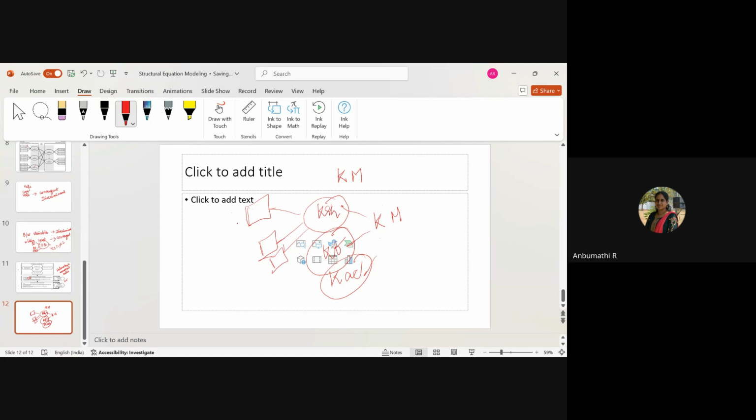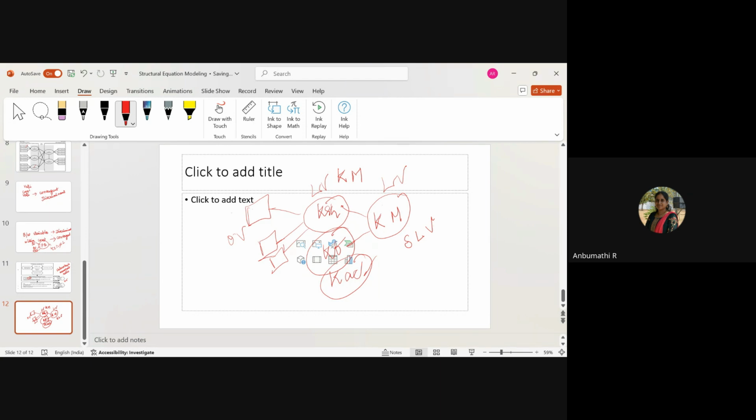So this is observed variable, this is latent variable, and this is also latent variable. Okay, so in this case, since it is the first layer, it is called first order latent variable, while the KM is again measured through a set of latent variable like knowledge sharing, knowledge transfer, knowledge acquisition. Then it is called a second order latent variable. Okay, second order latent variable.